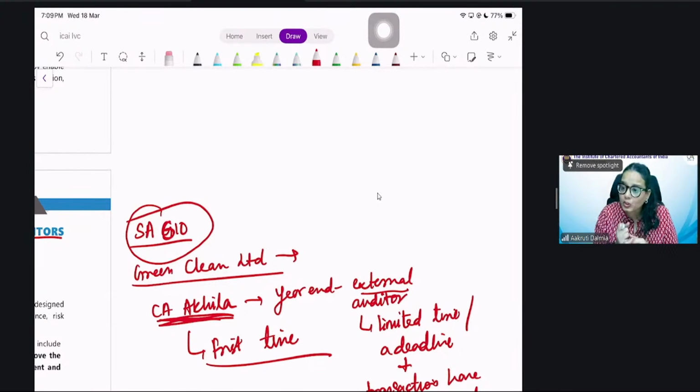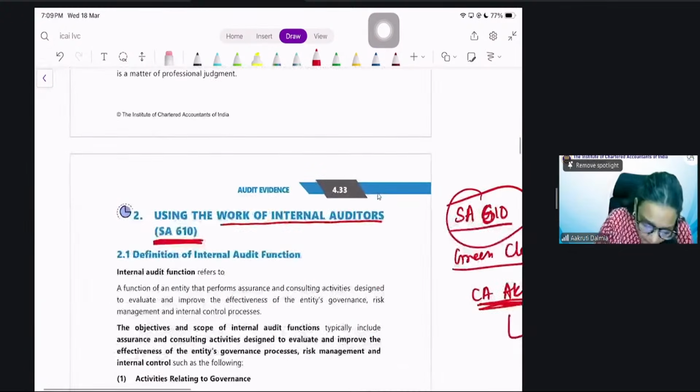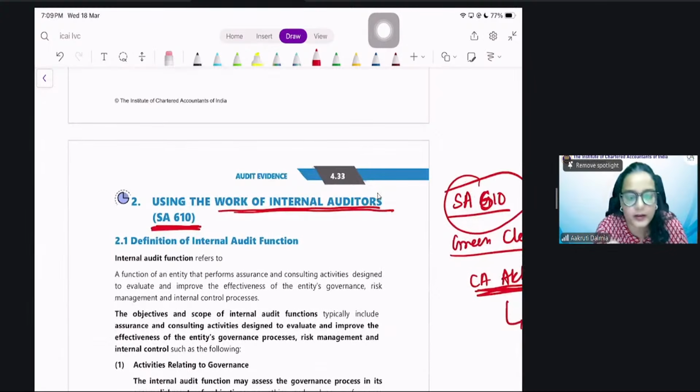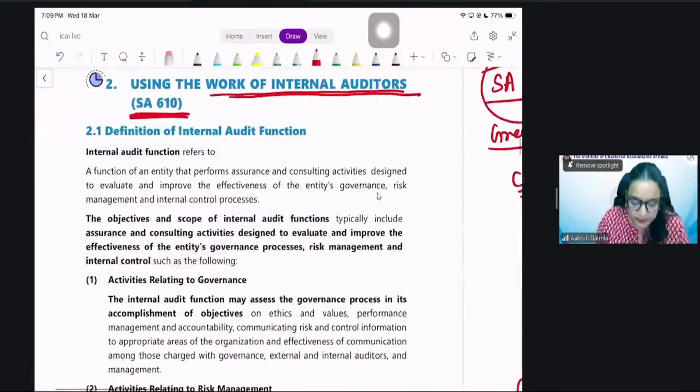But how much, when I can, when I can't, how I can use, what do I need to verify before I can take the help of the internal auditor? All these points are covered in SA 610, Using the Work of Internal Auditors. Now is it clear? If that is clear, we'll move on to the next.